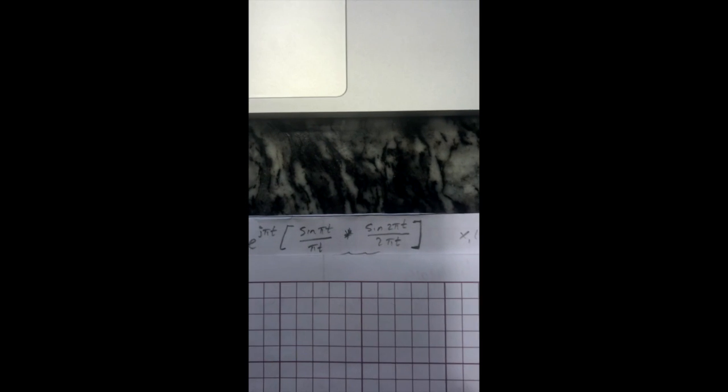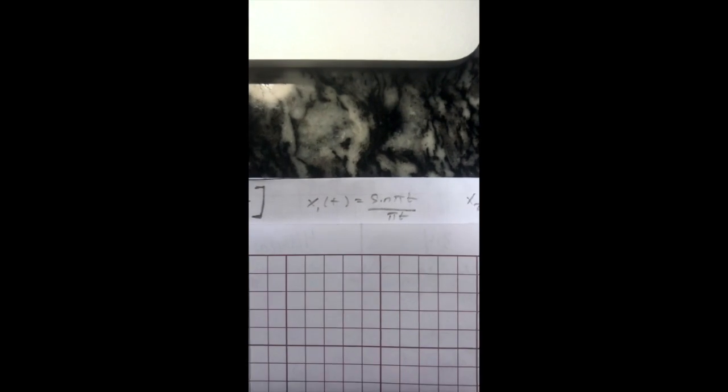Now, x1 of t is equal to sine pi t over pi t, and x2 of t is equal to sine 2 pi t over 2 pi t, right? Now we want the Fourier transform of those.